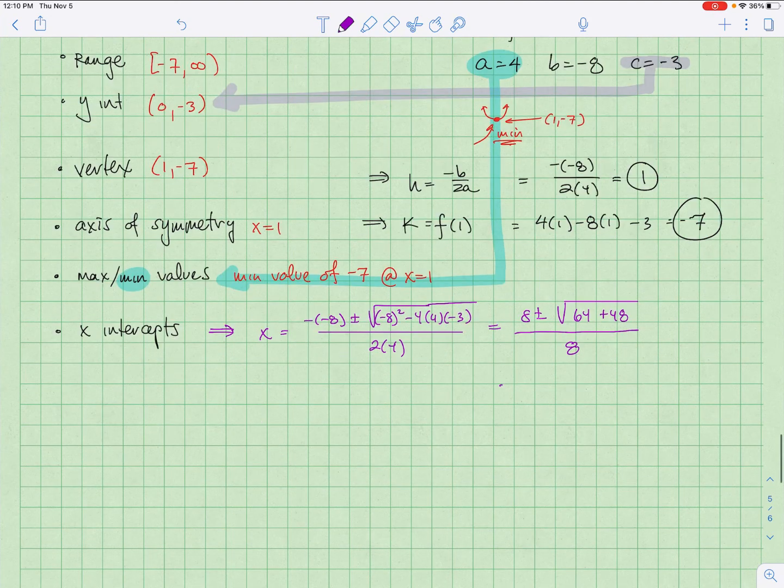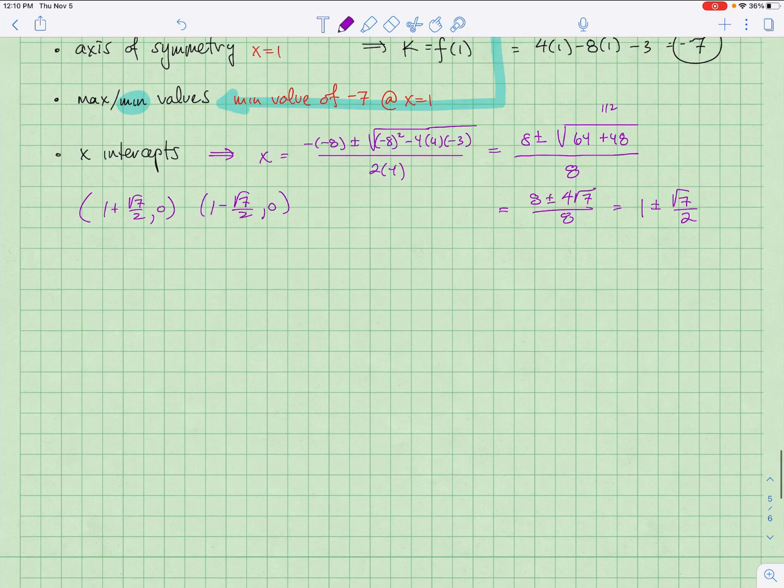This becomes 8 plus or minus the square root of 112, which is 4 root 7, over 8, and this is 1 plus or minus root 7 over 2. So the x-intercepts are (1 plus root 7 over 2, 0) and (1 minus root 7 over 2, 0). And now finally we can begin to graph this sucker.